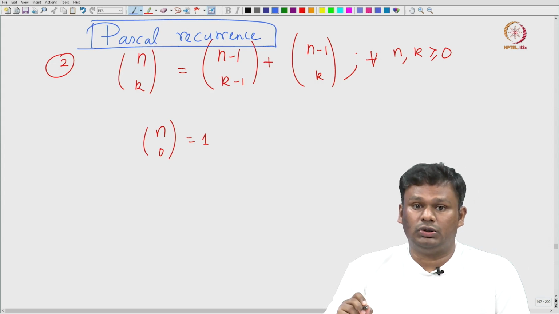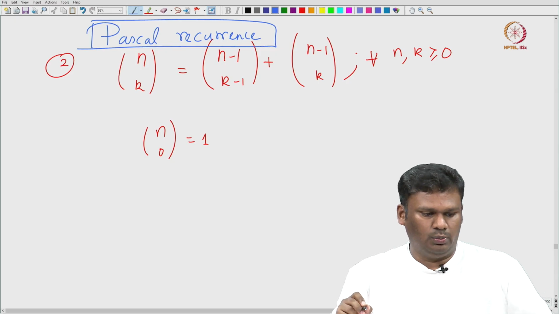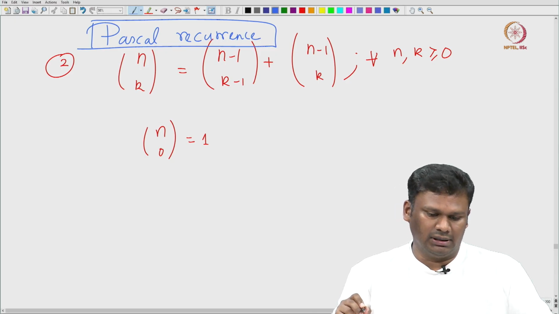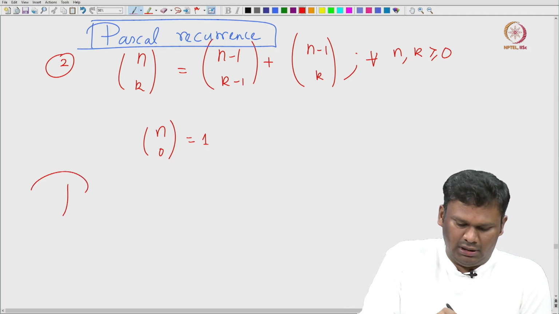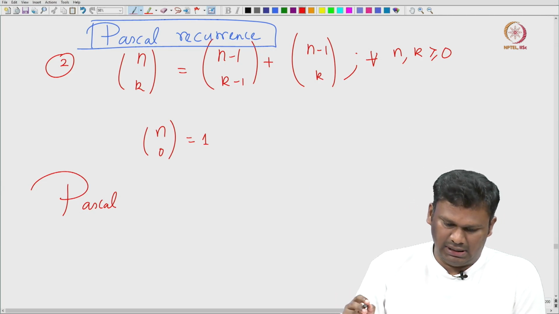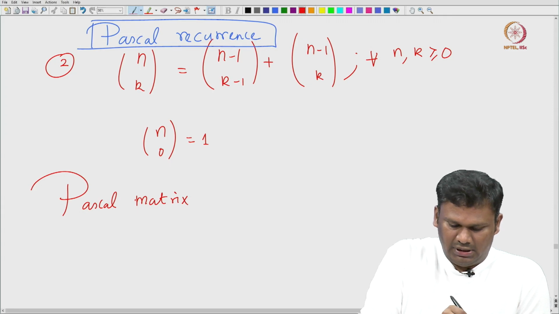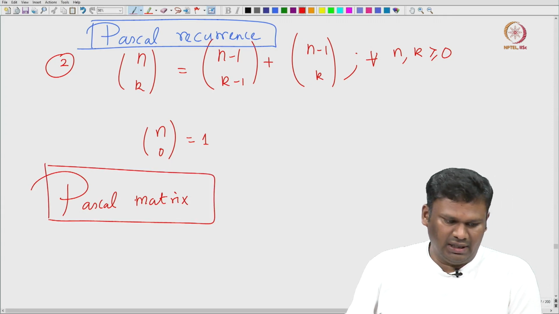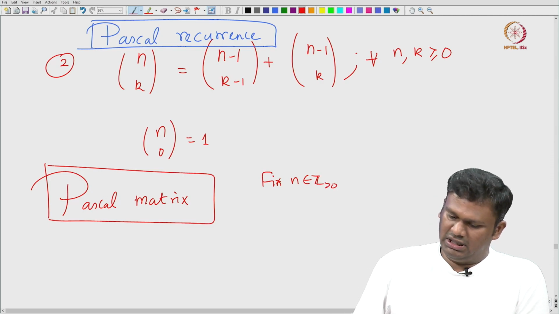Now I am going to introduce the Pascal matrix, and using this matrix we will be able to prove many more identities among these binomial coefficients. So, let us introduce the Pascal matrix consisting of all these binomial coefficients as its entries. More precisely, the Pascal matrix is defined for a given n, so fix n coming from the natural numbers; n is a positive integer.